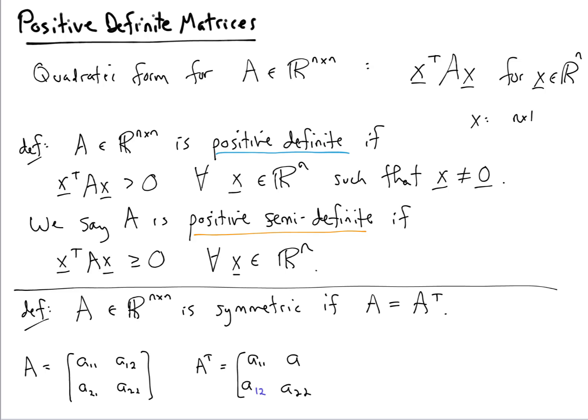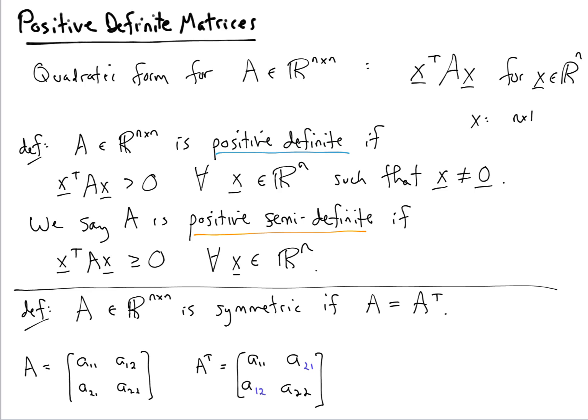And so the first entry will be A21, A22 for the second entry. So notice the result here was to reflect the entries about the main diagonal. That's how we would get A transpose from A.